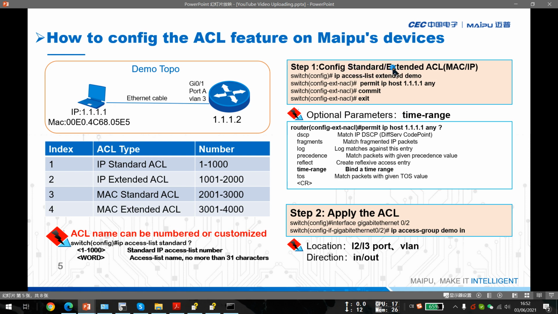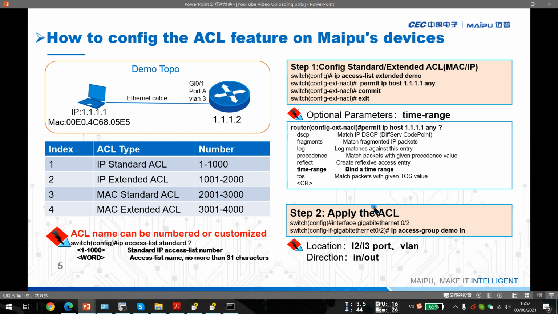It can be standard or extended ACL, or it can be an IP access list or a MAC access list, and the rule can be permit or deny, and the default action is deny. And the ACL can be used with a time range.